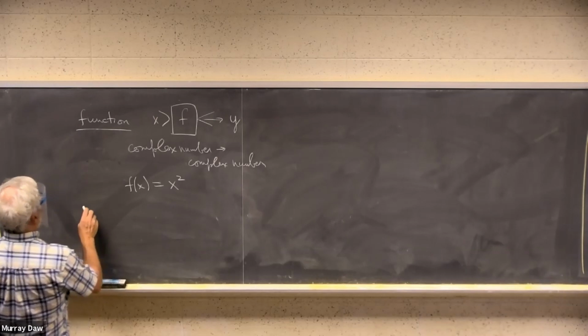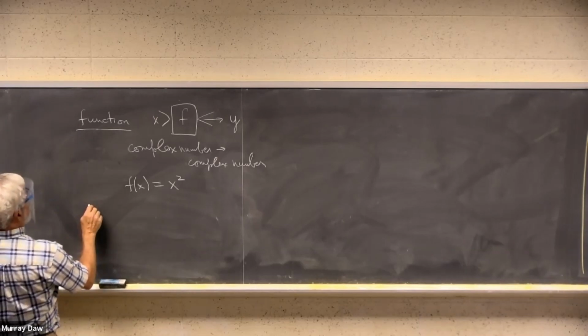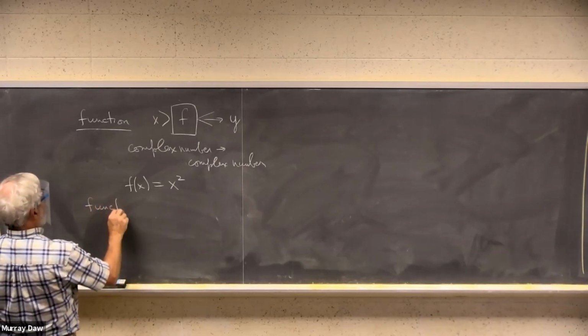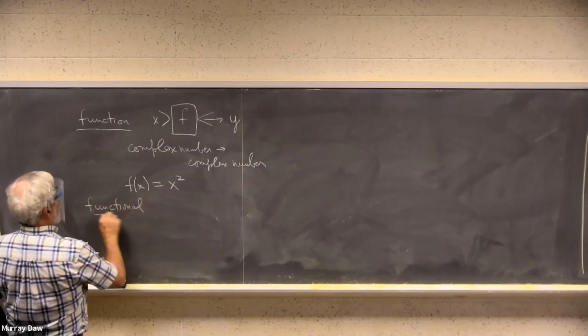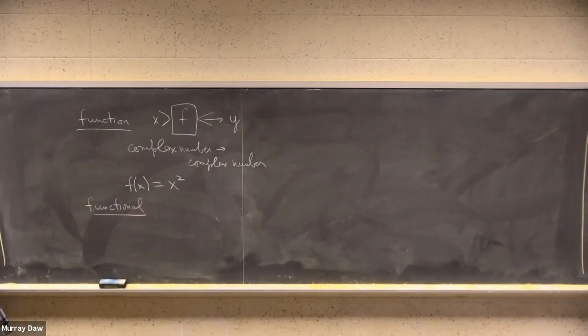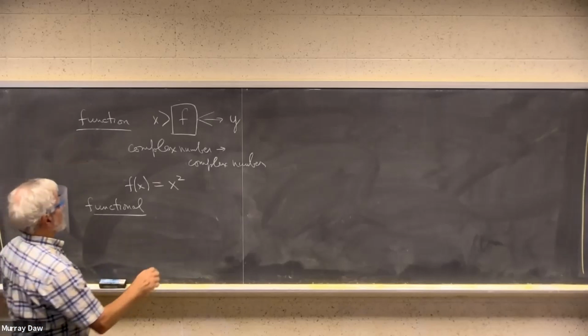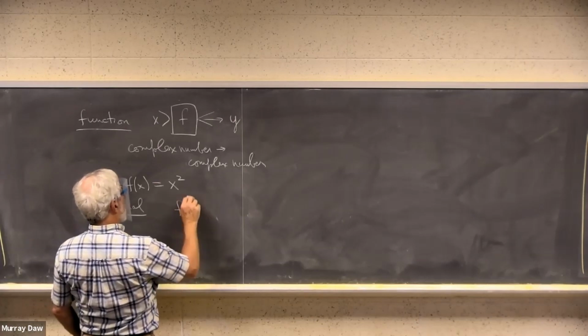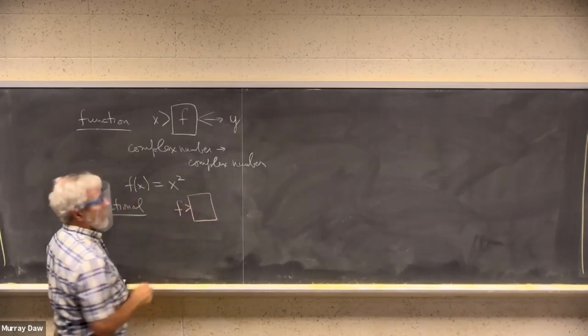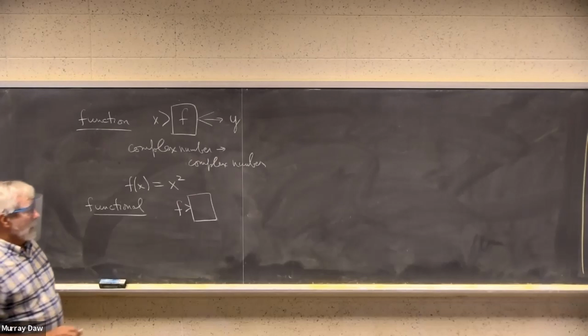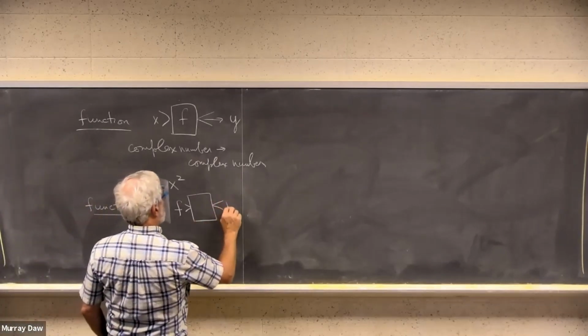All right. We also have something called a functional. You know what this is. You don't perhaps know the terminology, and you're going to see more functionals in later classes in physics, but I wanted to mention it as a kind of contrast to a function. So a functional takes a function as an input and produces a number.